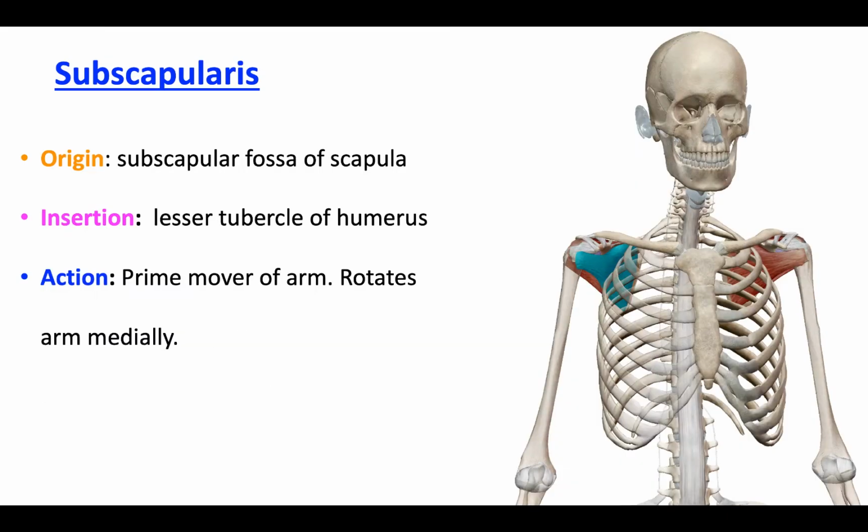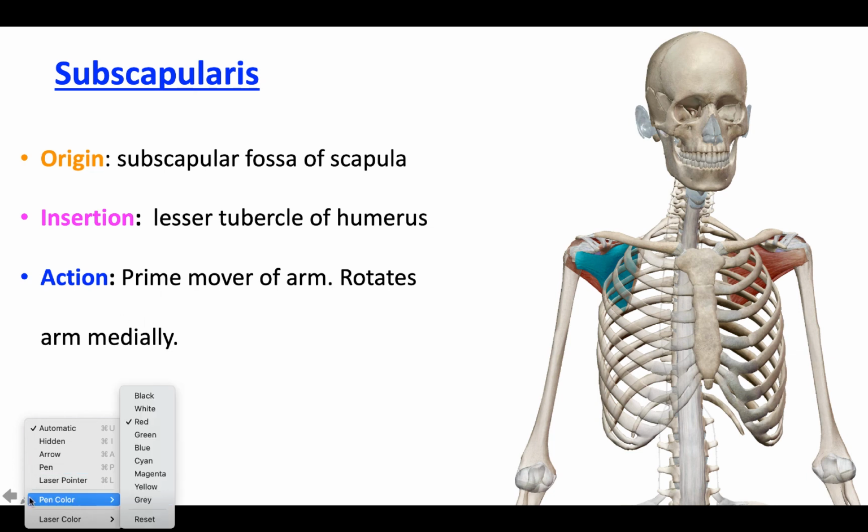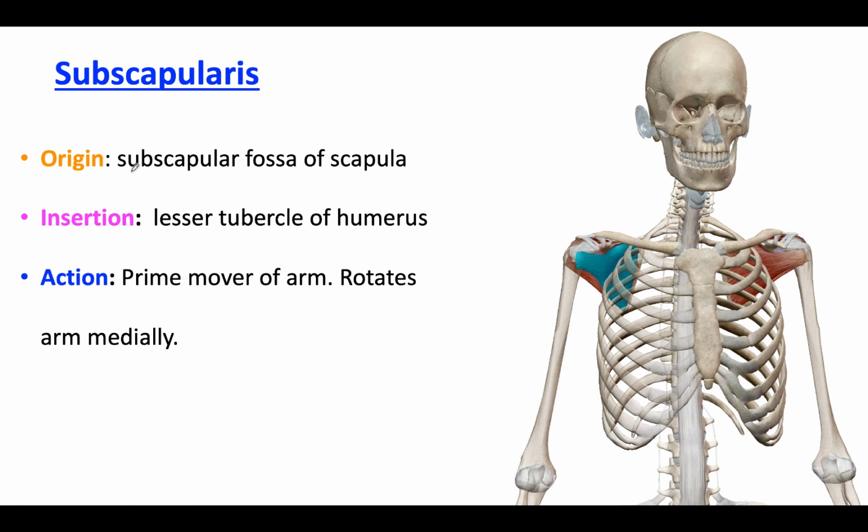Okay. The next muscle is called the subscapularis. It's here in blue, and then on this side it's not highlighted, but you see how it lays against the scapula from the inside of the scapula. And so its origin is that subscapular fossa.